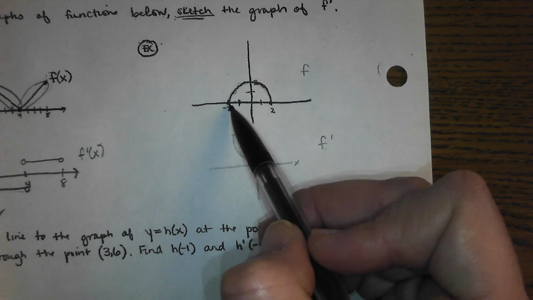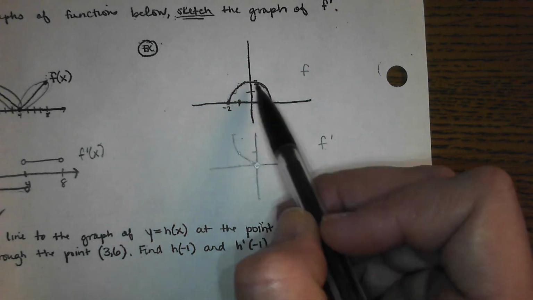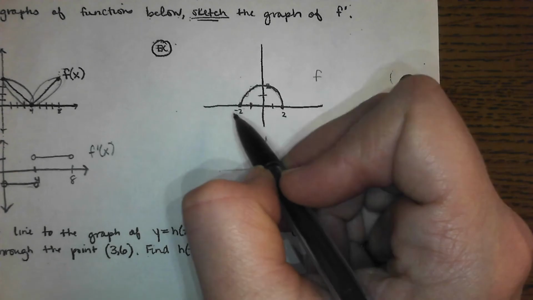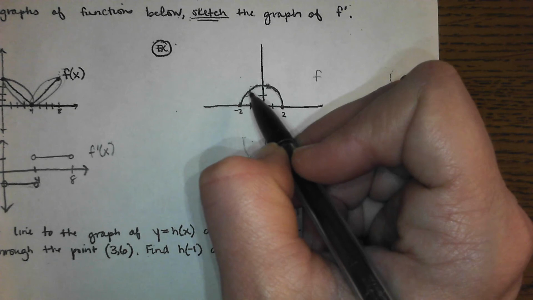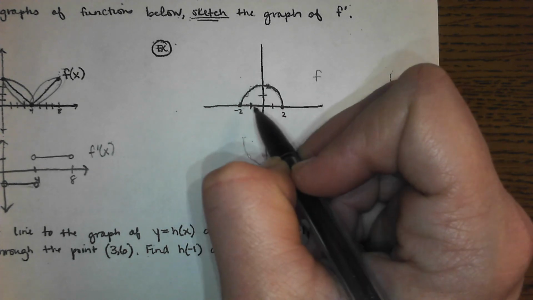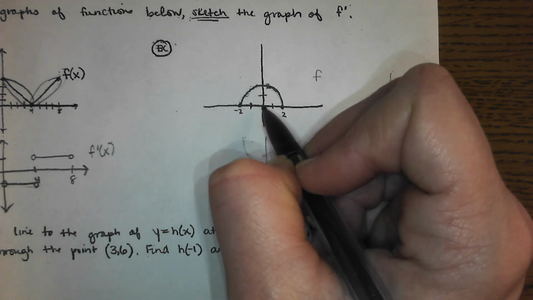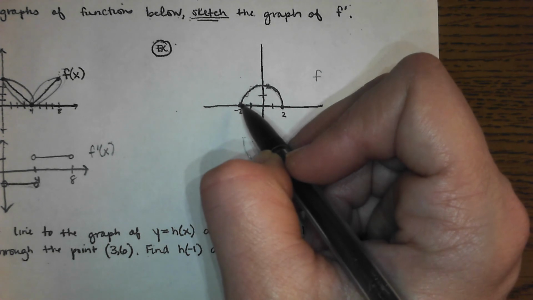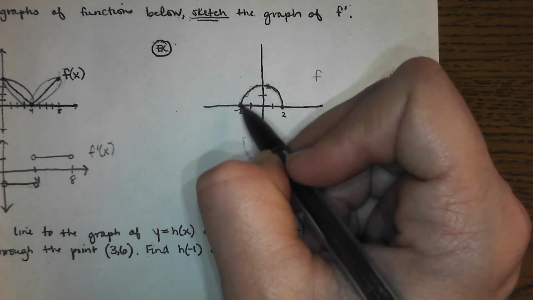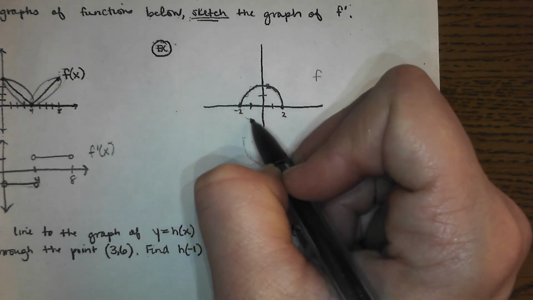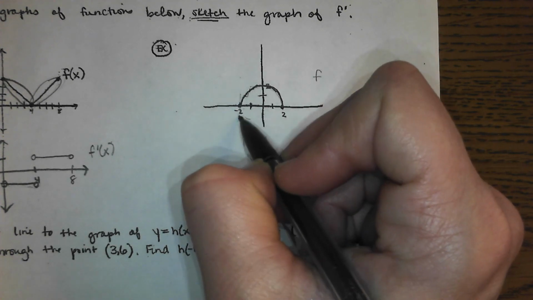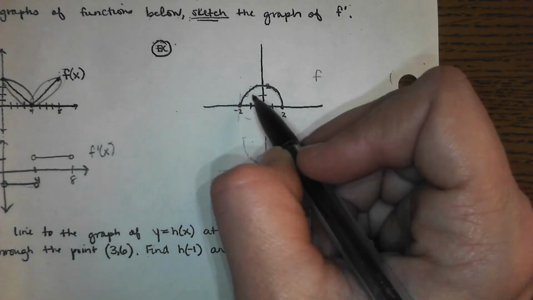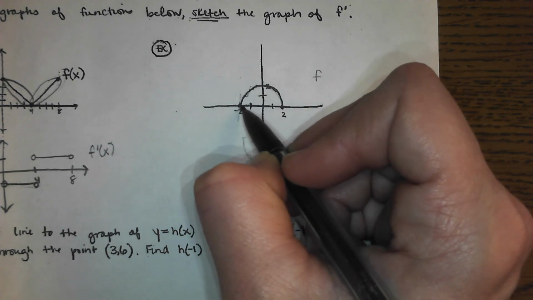Think of this as like the top half of the circle, right? So right when you reach -2 on a circle, if this was a circle with a radius of 2 centered at (0, 0), what would the slope be right at -2? If you were to do a tangent line, it would have an undefined slope because it gets infinitely steep, yes?